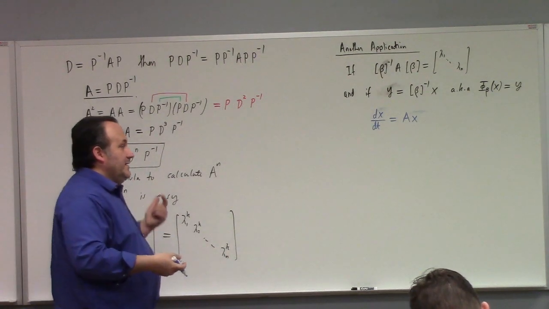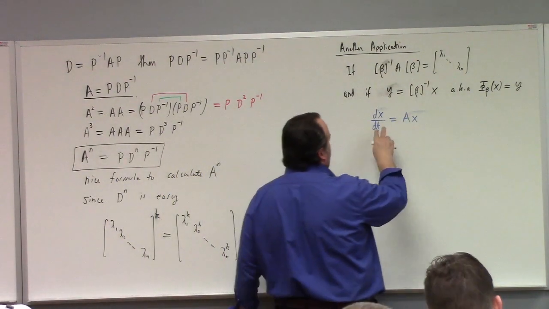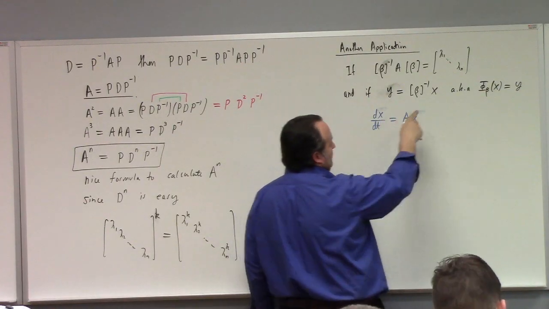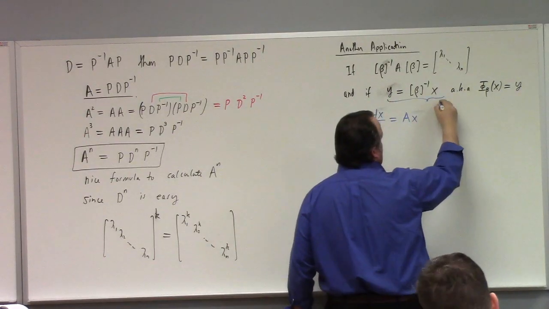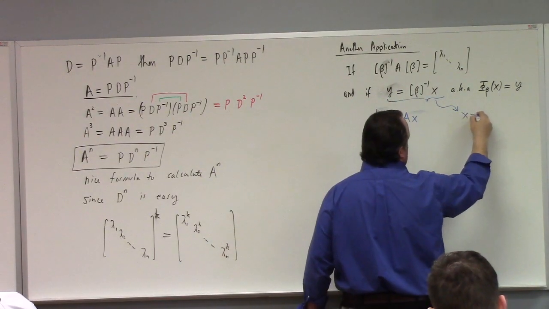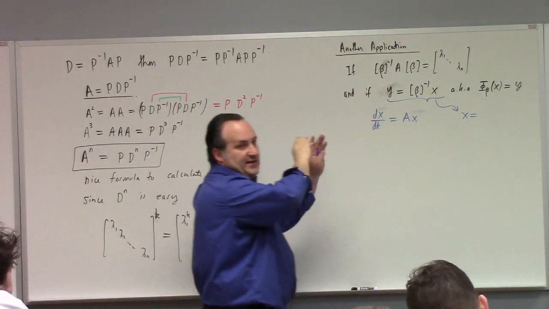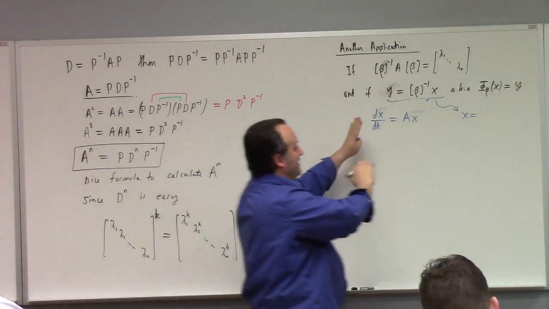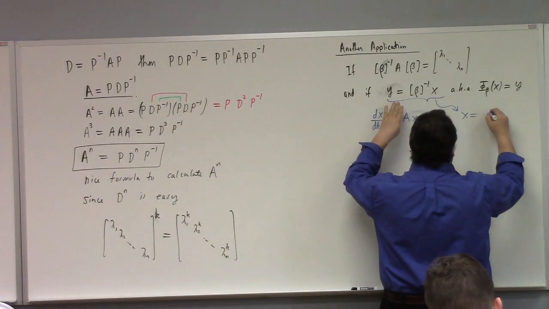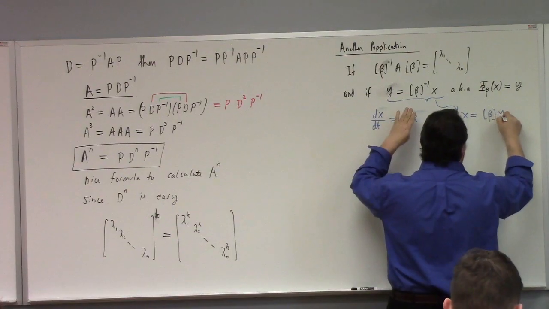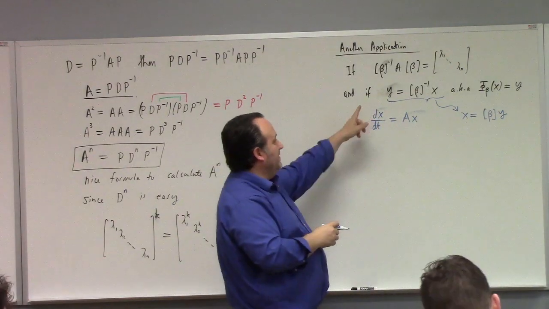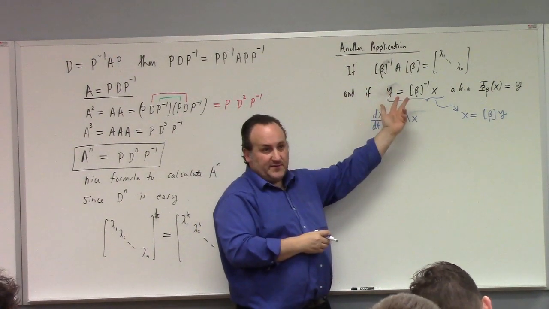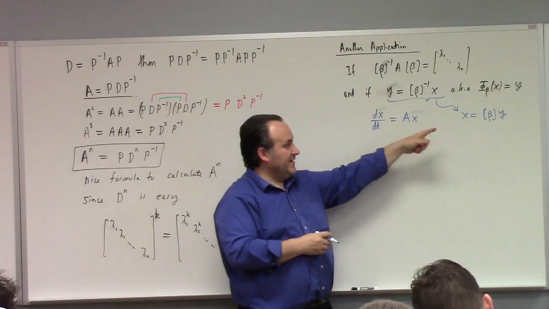All right, so how can I replace this x with a y? What's x equal to? I multiply both sides of that equation on the left by the beta matrix, and that will cancel with beta inverse, and I get beta y is equal to beta times beta inverse times x, which just leaves me x.